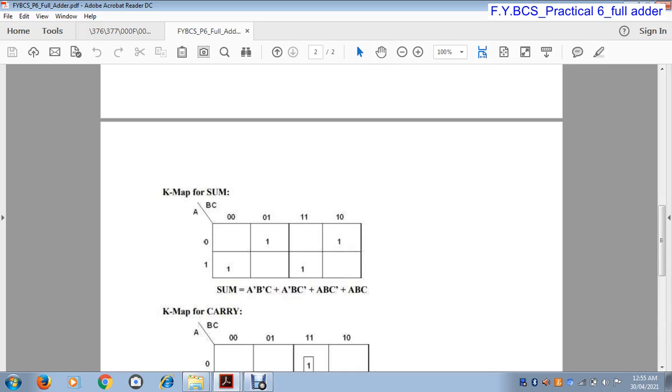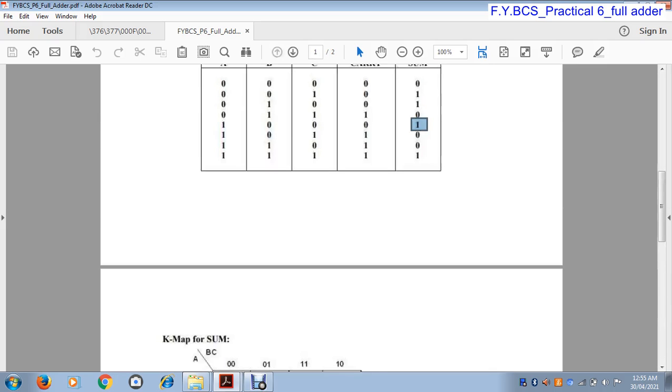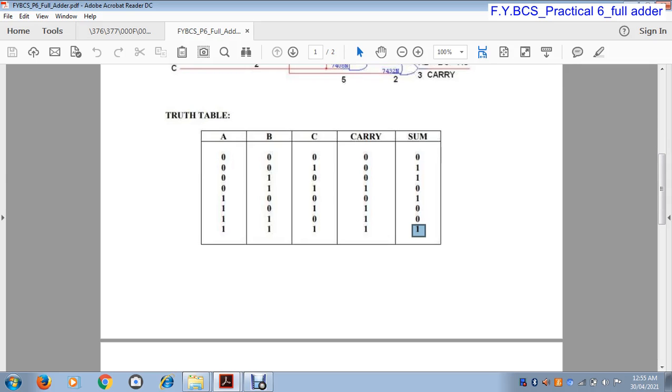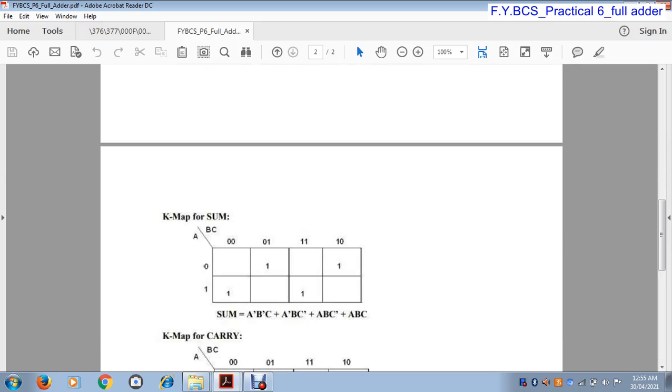So here we write a 1. Now for the next one, A1 B1 C1. A, B, C all three are 1. So in this way we write the K map for sum.